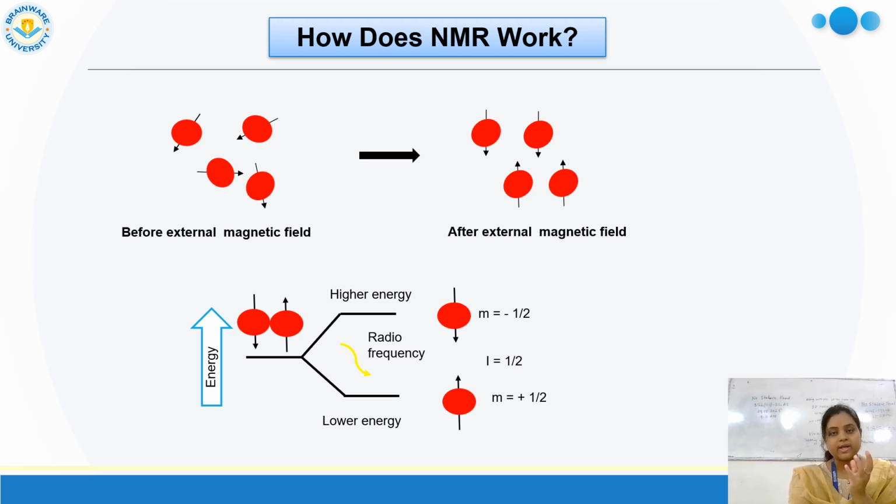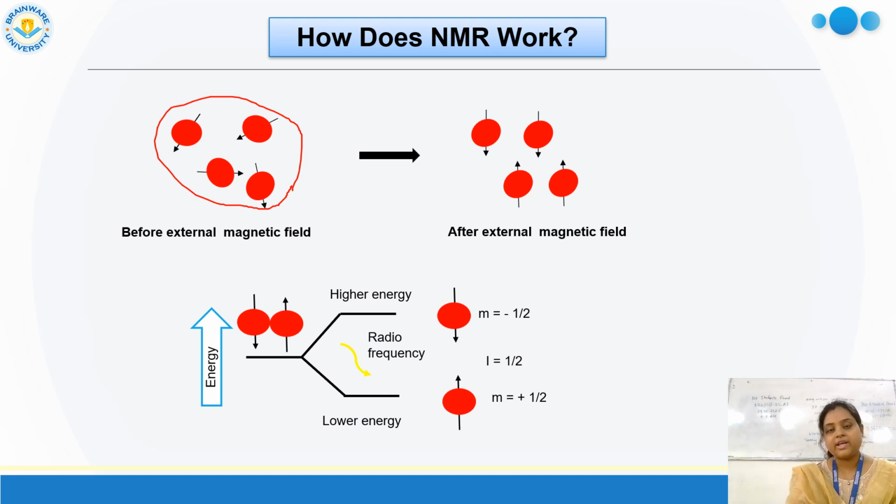Here, these red balls are basically the nuclei of atoms. Without any external magnetic field, in normal cases, they are spinning in any direction. Now if we put the sample inside a magnetic field, what will happen? The directions will be aligned with that magnetic field.